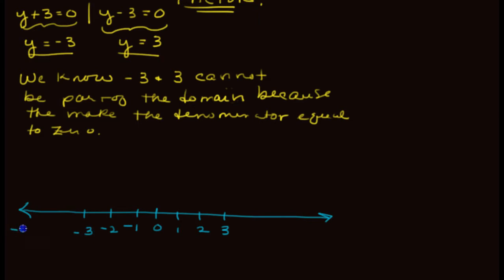And out here, let's put -infinity, and out here, let's put +infinity, okay? So we've got our -3 here, we've got our 3. Now let's figure out what our domain can be. What are some legitimate numbers for our domain? In other words, what are the numbers that we can plug in here that's not going to make the denominator equal to 0?